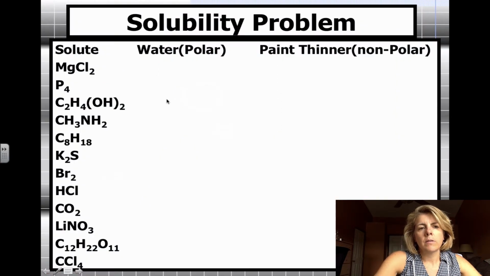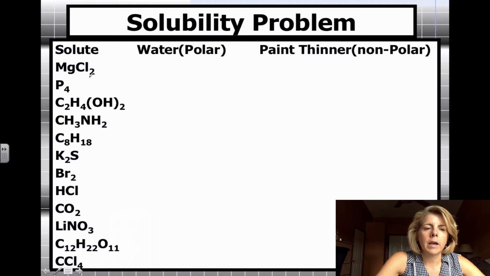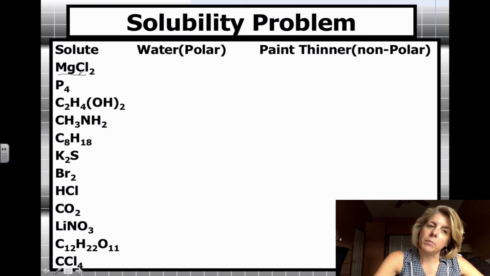Okay, here we go. So I have a series of solubilities, and notice I have water at the top, paint thinner at the bottom. And the question is, these sets of compounds on the left, do they dissolve in water or paint thinner? Well, if you look at magnesium chloride, notice I didn't say magnesium dichloride, I said magnesium chloride.